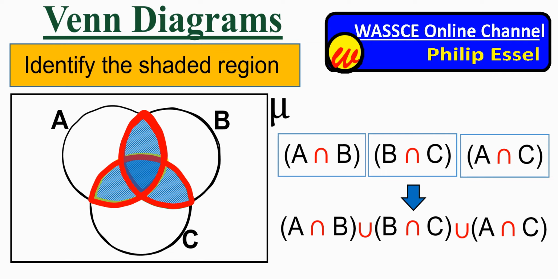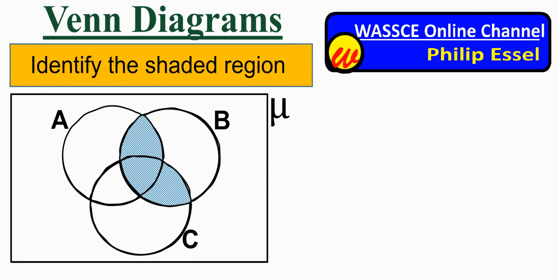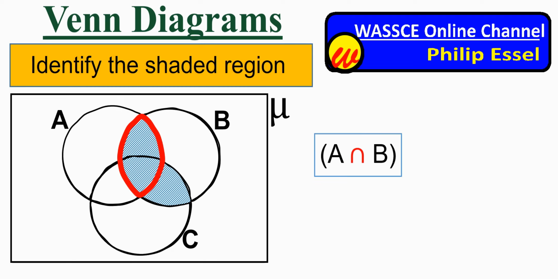Let's look at our next example. Now let's identify this region. As usual, you'll be taking the regions bit by bit, and afterwards we'll combine them together to get the region shaded on the screen. This is the first part of the shaded region. The notation for this region is A intersection B. This is the second region.